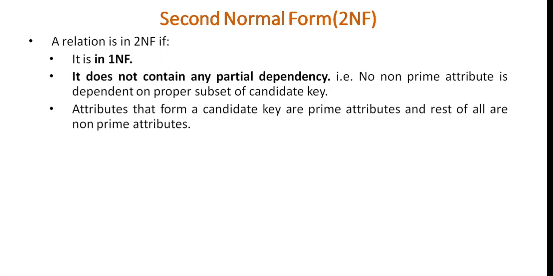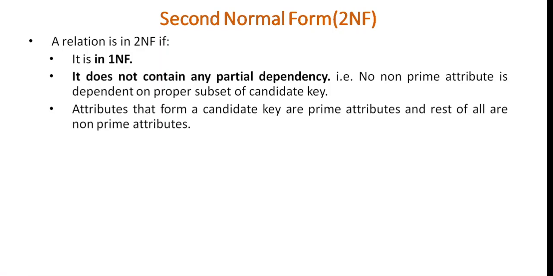When we have a composite primary key, meaning a primary key or candidate key which has more than one attribute, a combination of more than one attribute as a key, it is called a composite candidate key or composite primary key.